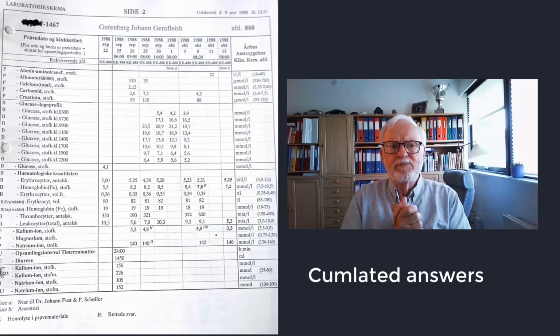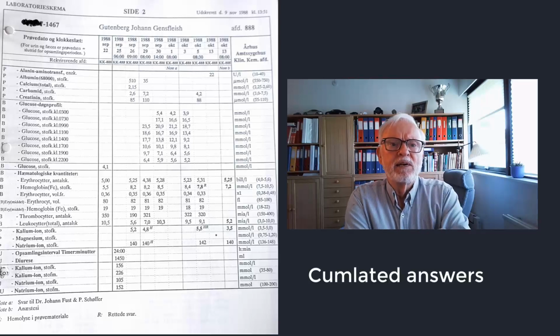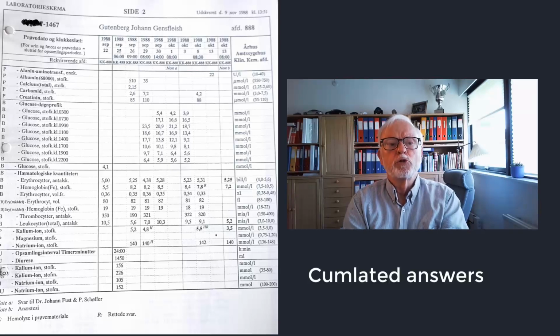A big leap forward was also the Cumulated Answers in 1988. In a later video you will see that on just one HP1000 you could print from 10,000 to 20,000 new responses in one day.